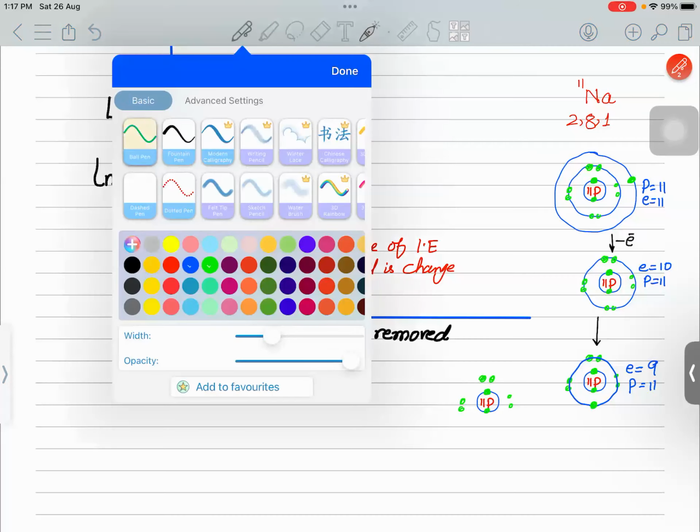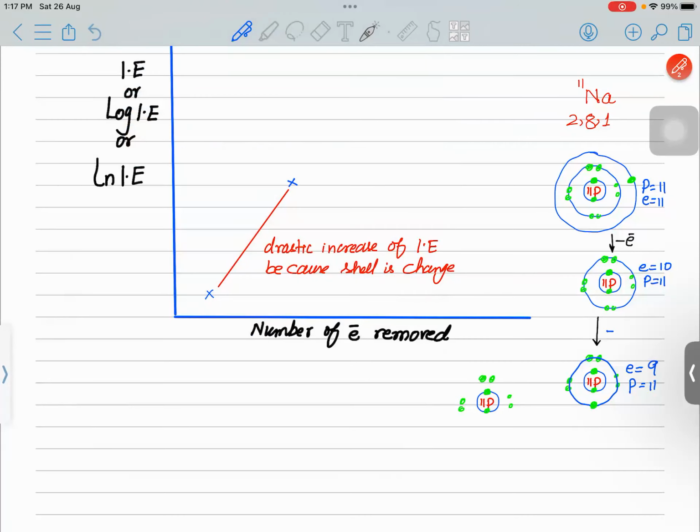Now can you tell me, after removing the second electron, does ionization energy increase or decrease? Beta, tell me, when you remove a further electron?